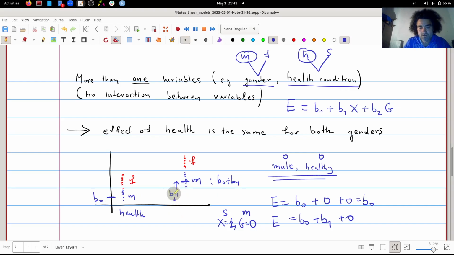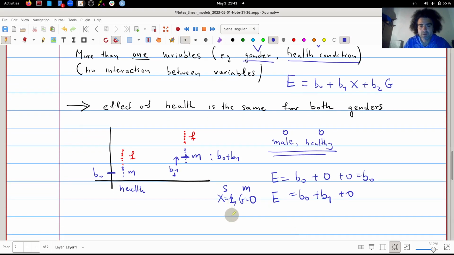Very conventionally, very comfortable for us, because if we estimate b1 being different than 0, it means that being sick has some effect on the expression level. Okay, now let's go on. Now if we say that x is 0 and g equals 1, then we have healthy females.